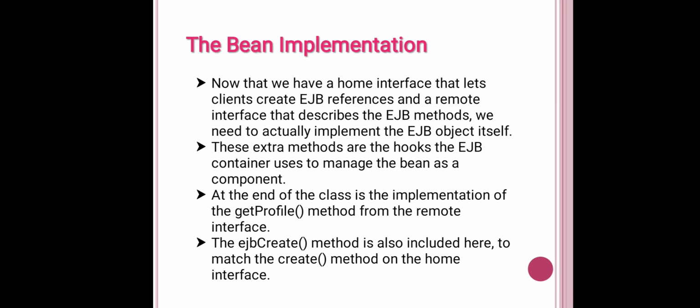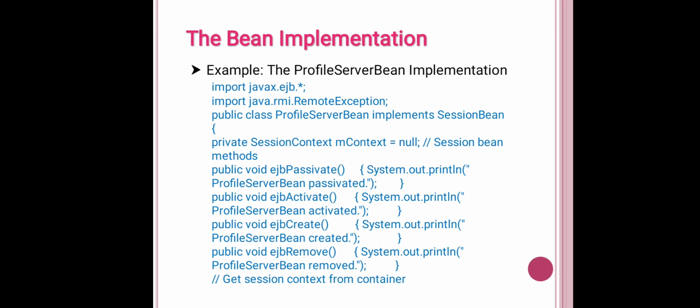At the end of the class is the implementation of the getProfile method from the remote interface. The EJB create method is also included here to match the create method on the home interface. Example for the profile server bean implementation as shown below.